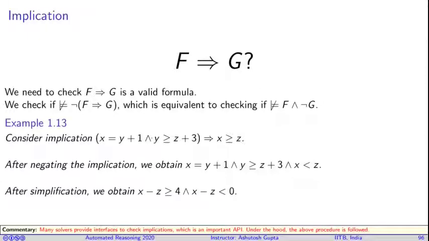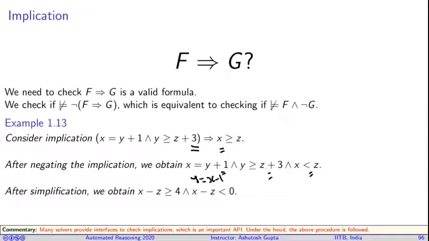Consider this implication. This formula implies this formula. To check the validity of this implication, what do we do? You negate this whole thing and simplify the formula. If we do that, we find a conjunction of these 3 atoms. We can first remove y from this equation by simply writing y equals x minus 1.